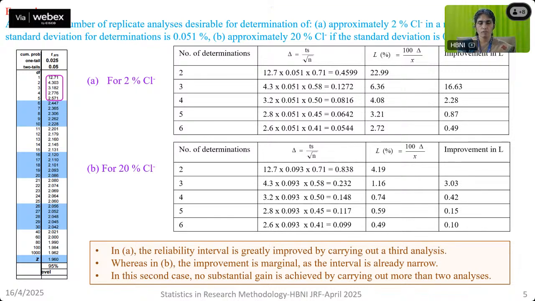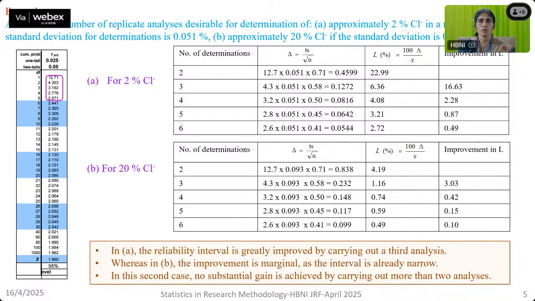But when we go from 3 to 4 to 5 to 6 number of determinations, one number less will be the degrees of freedom. You will see that the improvement in L is not that substantial. In the case of A, that is 2% chloride.